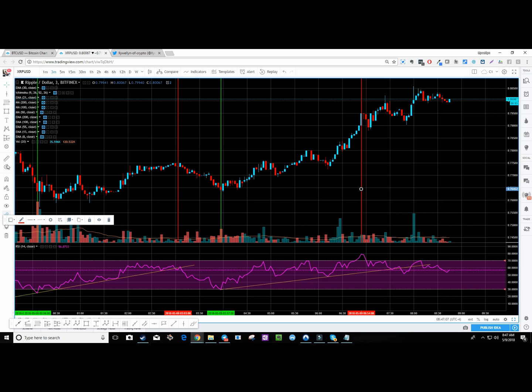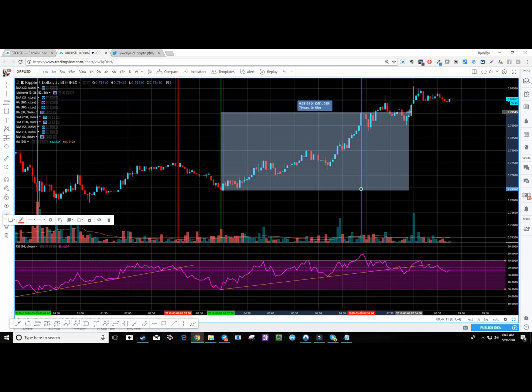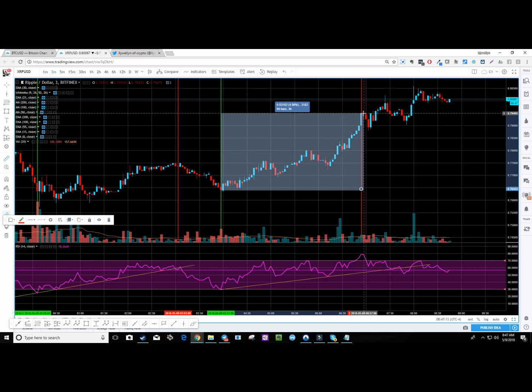And so this would have been a nice 4% gain. I ended up getting like 2% on it or something like that. So it ended up still being pretty good, but could have been a lot better if I would have just followed the rules.